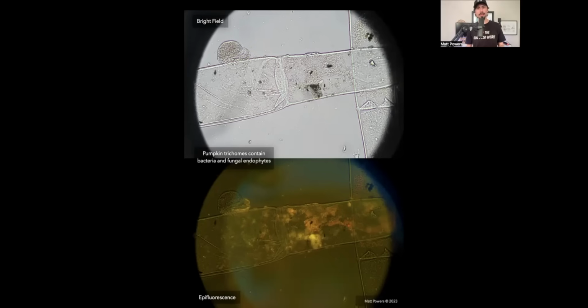The red is usually associated with chlorophyll, often with algae or the leaf surface. But this is a root hair. So it's holding life inside it. I'm not a root hair, excuse me. This is a plant hair. It's a trichome. And I want to do DNA testing on that to learn more.